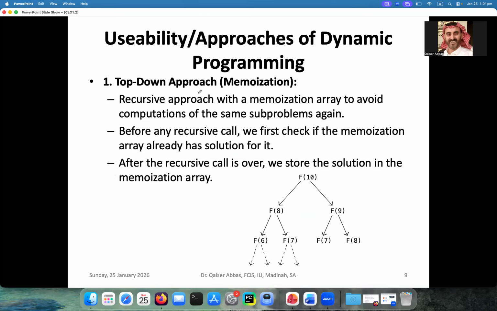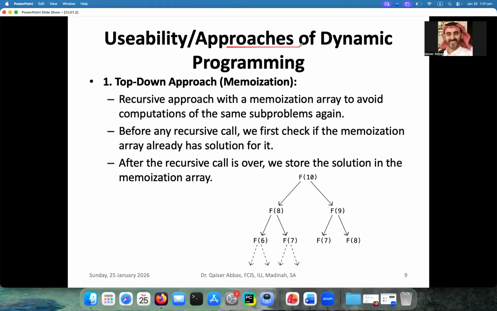But now, you have some problem in which you have those properties. Then there are two design strategies for DP, or you can say two approaches of DP. I think two design strategies is a better word for it because it will give you more understanding.